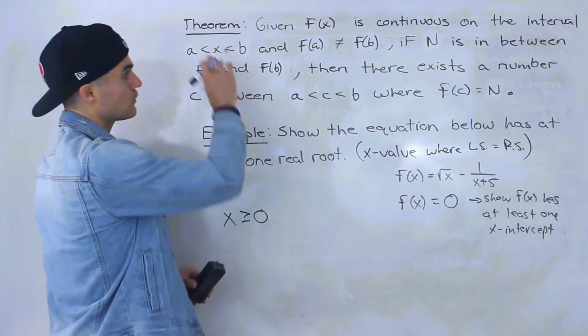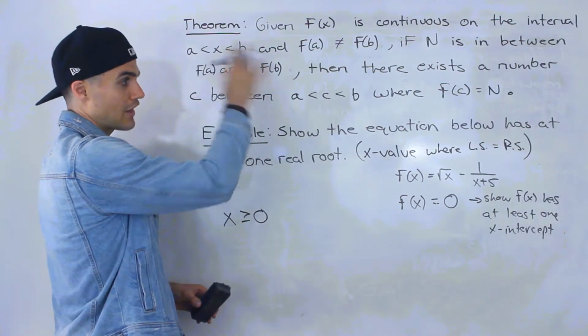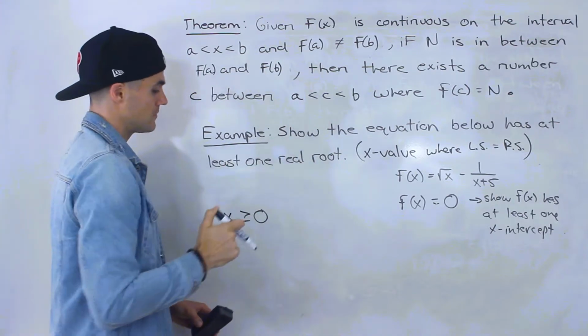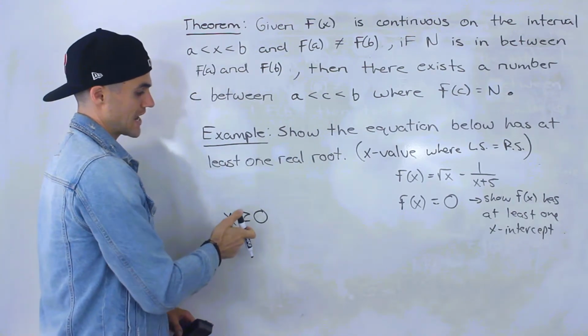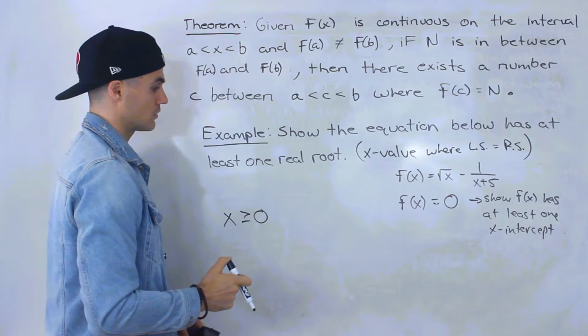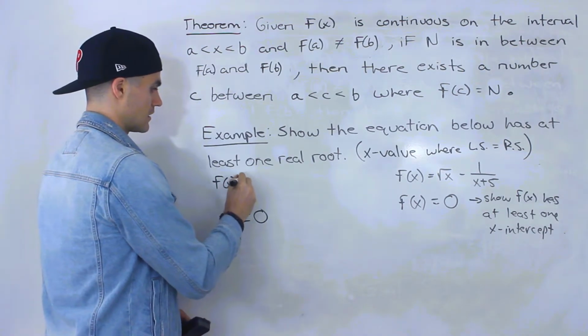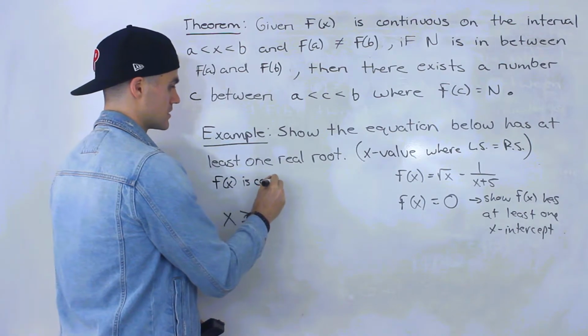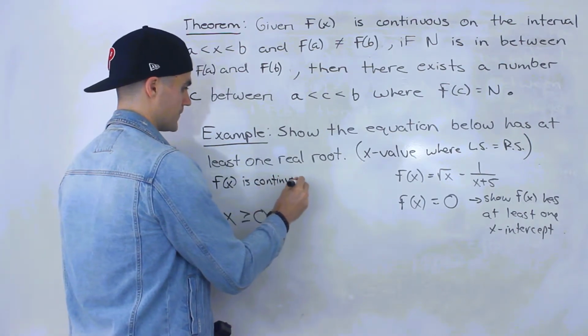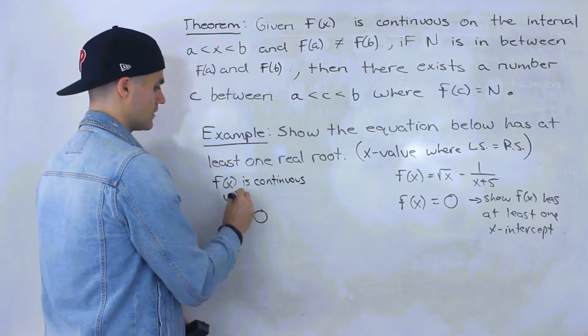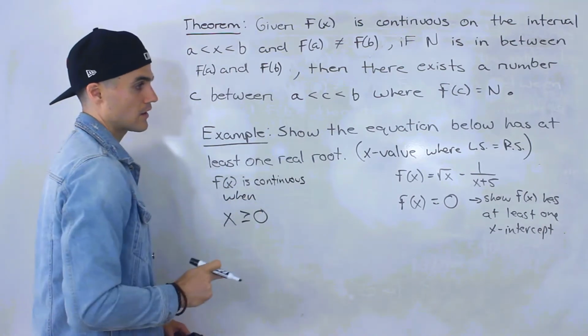So any interval that we choose when we apply the intermediate value theorem, we're going to have to choose x values greater than or equal to 0. So f of x is continuous when x is greater than or equal to 0.